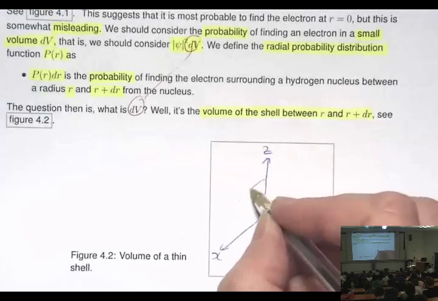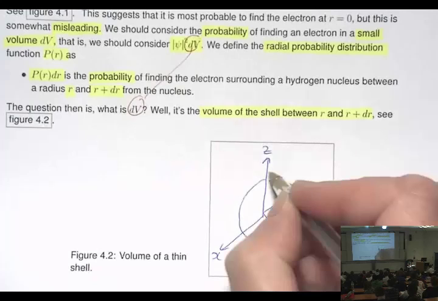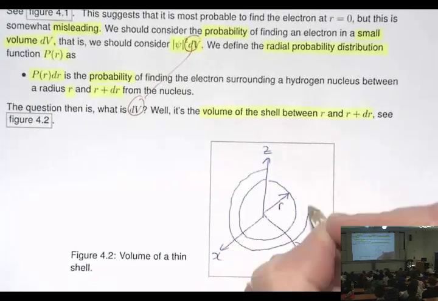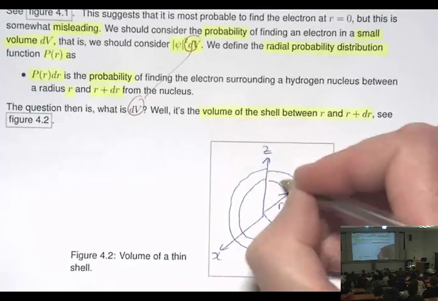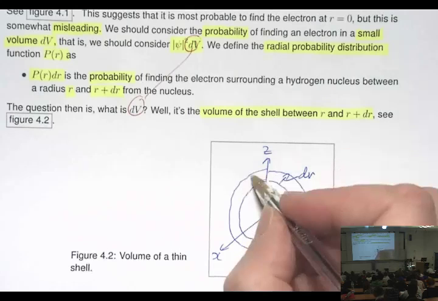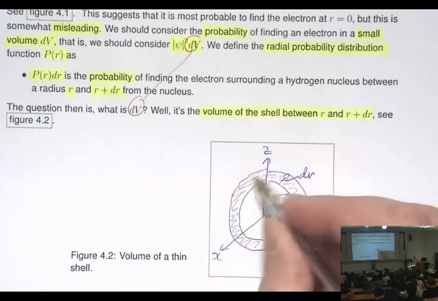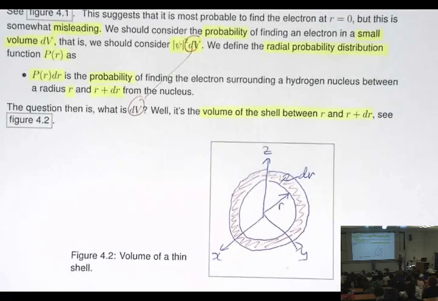We've got some sphere at radius r, and another sphere infinitesimally bigger, with width dr. So that's two shells, and I've got some volume in between them. If you've ever integrated up space to find the volume of a sphere, this is just the same trick. So we can work out what this volume is.